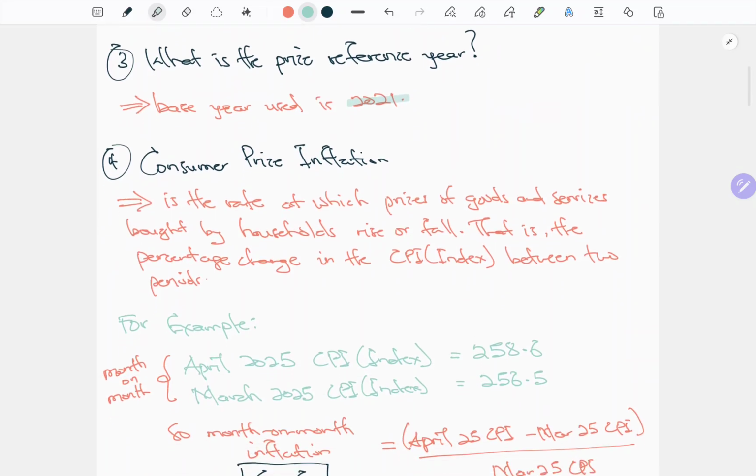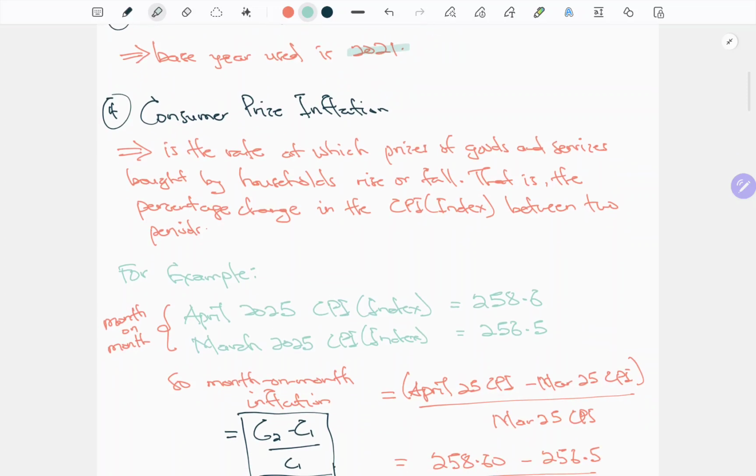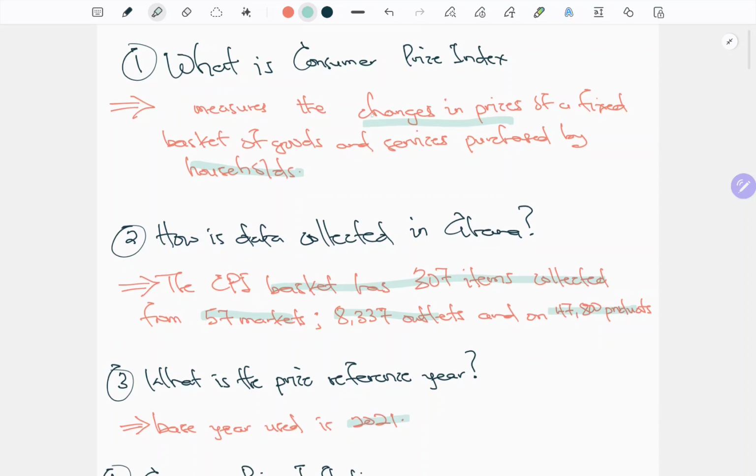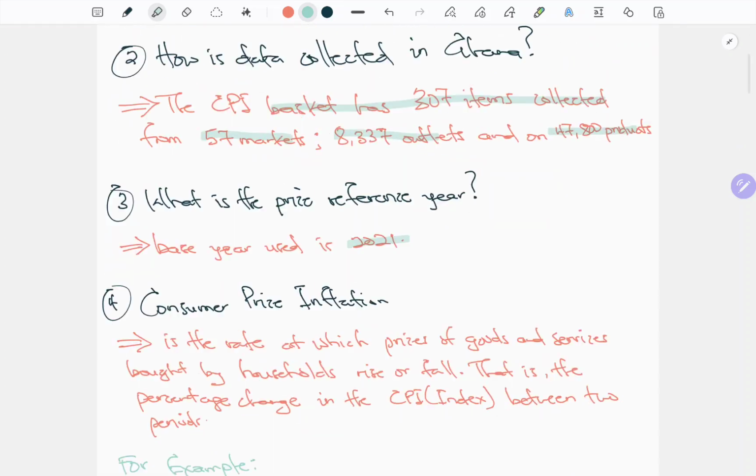Now, having understood what goes into this, let's bring everything together and discuss what exactly consumer price inflation is. Now, the index, as we saw above, just measures the changes in the prices, right?